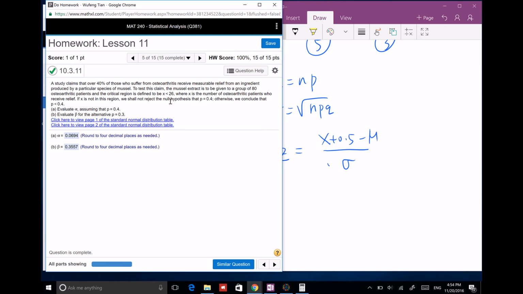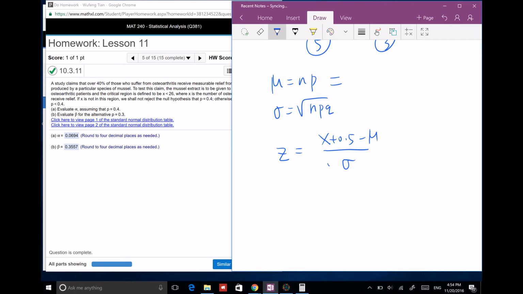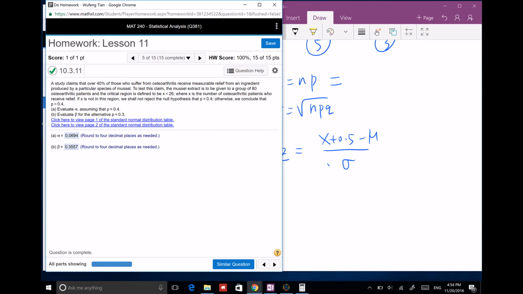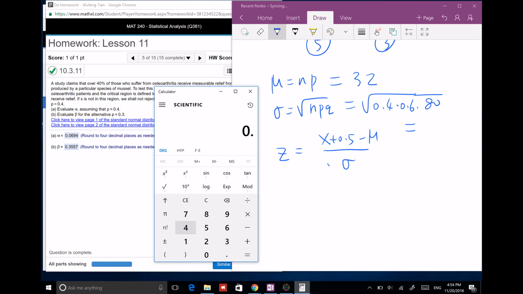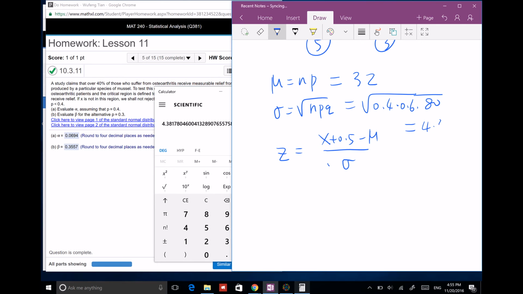You find out the mu equals 40 times what? 40 times 80, so it's 32. Okay, and you find the square root of that: 0.4 times 0.6 times how many you have? 80. So you take the square root of that. So it's 0.4 times 0.6 times 80, take a square root, and it's 4.38.